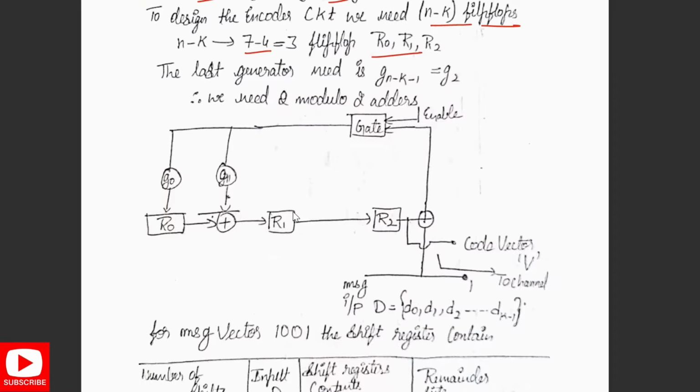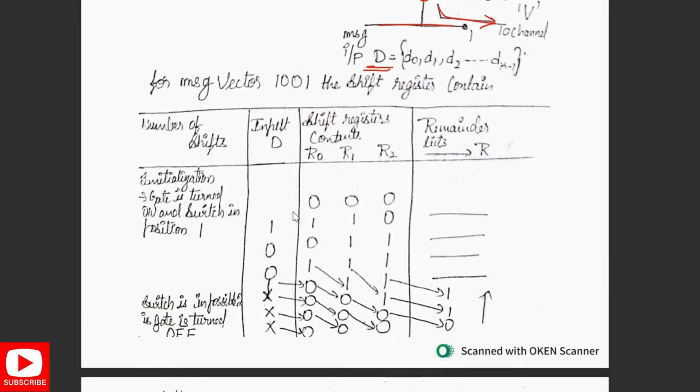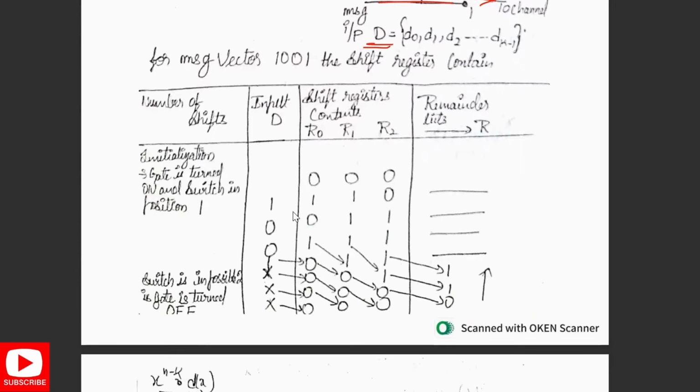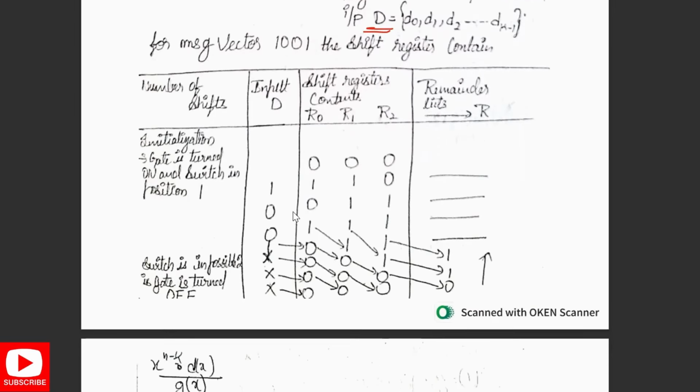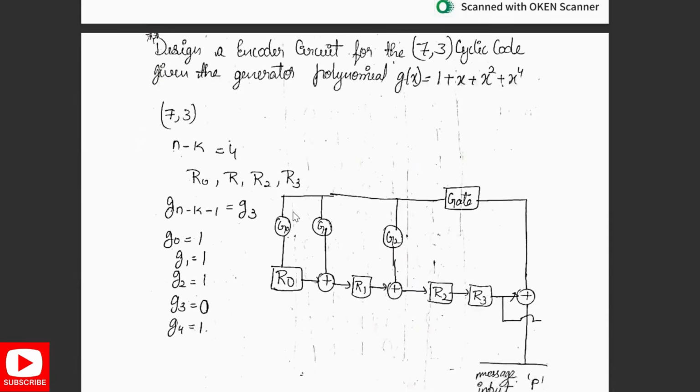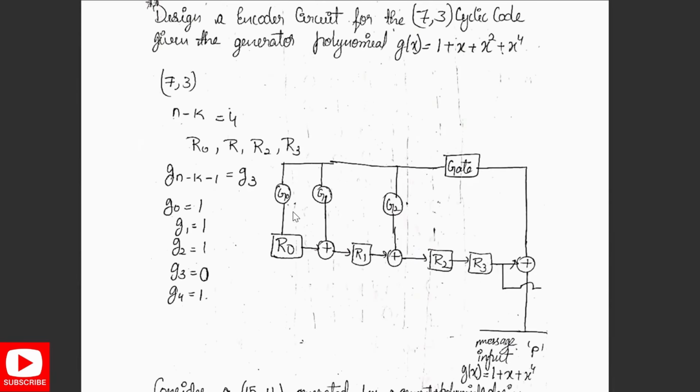So based on that, we have R0, R1 and R2, and here the output is given to the code vector and the channel, and then the message is given as input here, and here the gate is enabled, to which G0 and G1 are attached. So for the message vector 1001, you can work out the shift register contents and the remainders that are obtained here. This is how you solve the generator matrix problem.